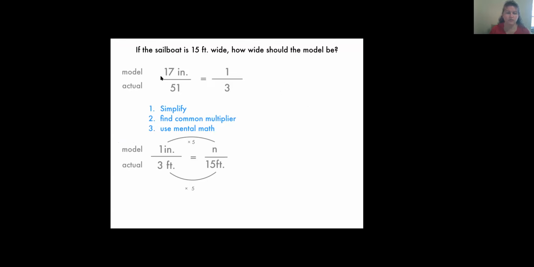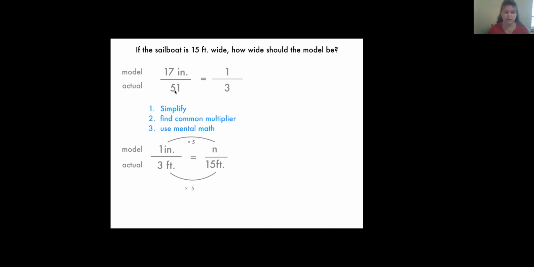All right. So here's the model, and this is on page 261. They have down the scale, and they have it as 17 over 51. Now I went ahead and did step 1 for you. I simplified it, and how I did that was you take 51 divided by 17, and you should come up with 3.